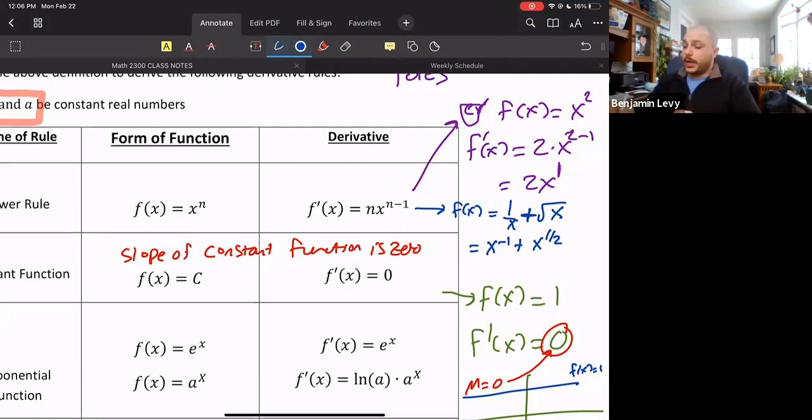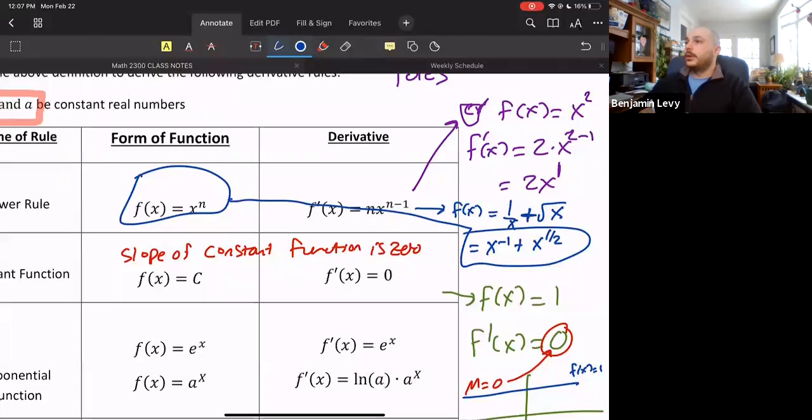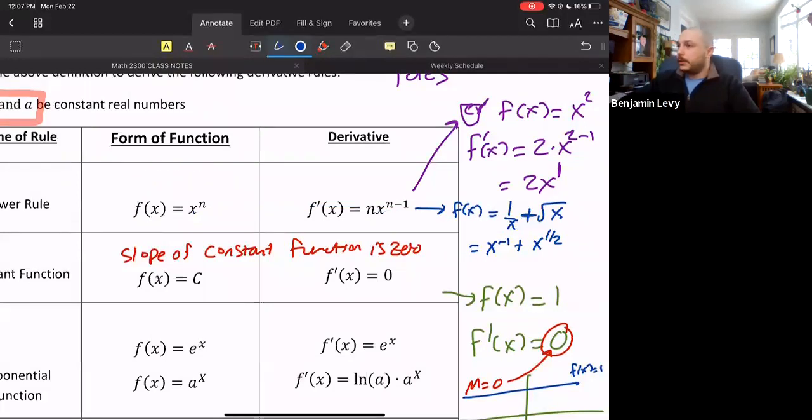They both are in that general form. Square root of x doesn't look like that, but when you write it as x to the 1/2, it does. Now we can apply the power rule just by thinking about it a little differently.